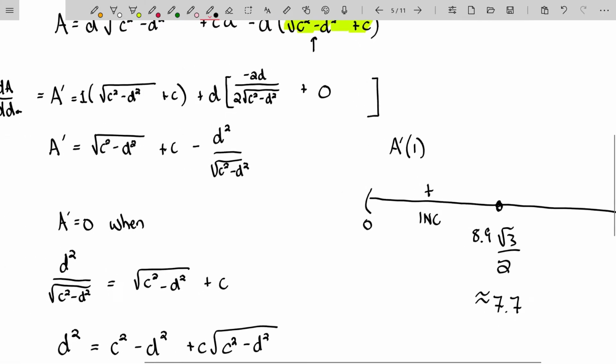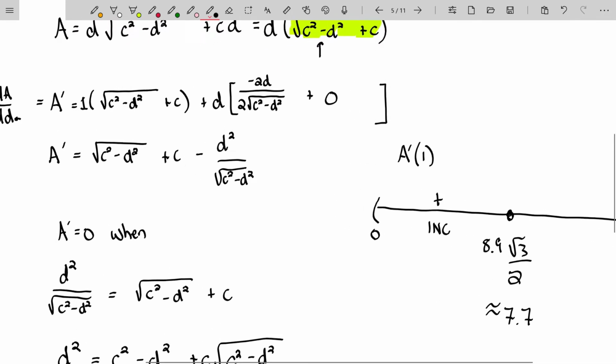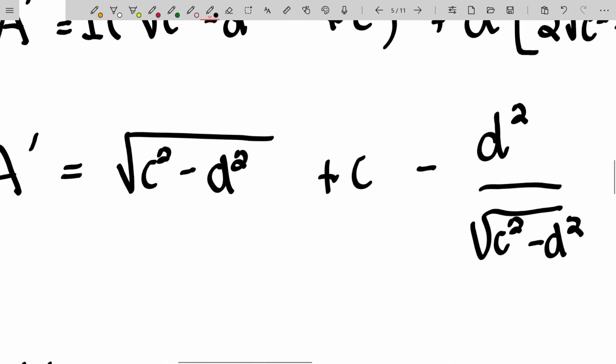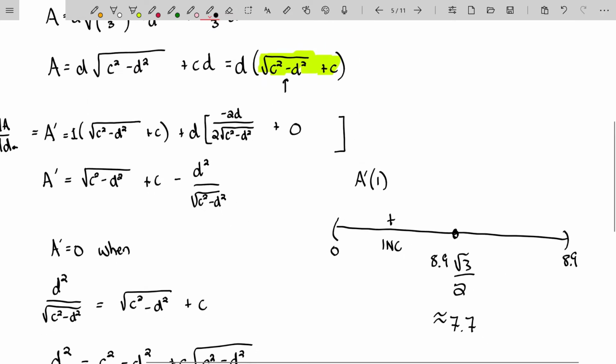So plug in a number greater than 7.7. Let's plug in 8. If you were to plug in 8, remember this is 8.9 squared minus 8 squared, that's positive. And in fact, you might have to grab a calculator for this, because that is going to be a bit of a mess.